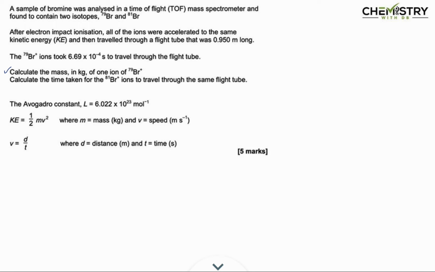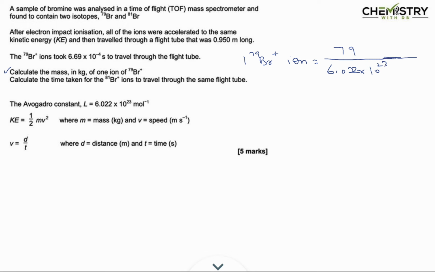So you know that the Mr of Br79 is 79 grams. That's the mass of 1 mole of bromine ions. So if 1 mole of bromine ions is 79 grams, then 1 Br+ 79 ion would be 79 divided by the Avogadro constant, 6.02 times 10 to power 23, and this is going to be in grams.